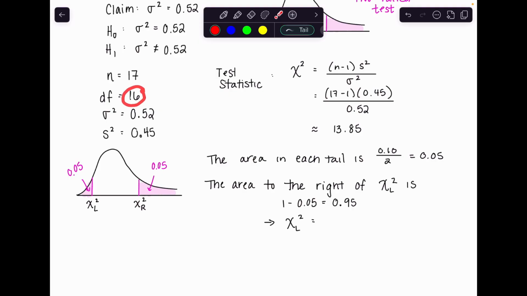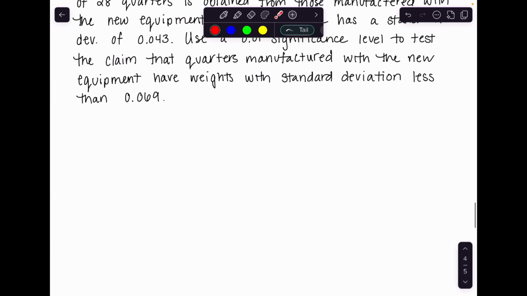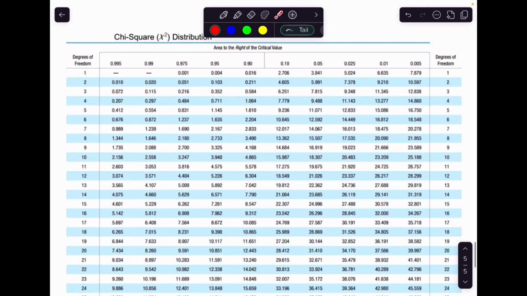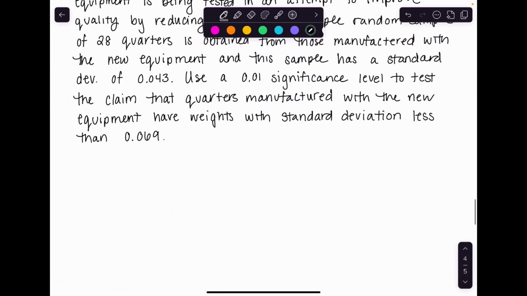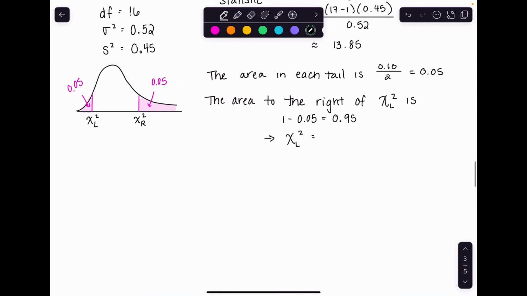Remember, our degrees of freedom is 16, and the area to the right of this cutoff is 95%. So with our table, the area to the right is 95%, degrees of freedom is 16. So following those down, this critical value is 7.962. So that cutoff is exactly that. Then to figure out this one, I know the area to the right.